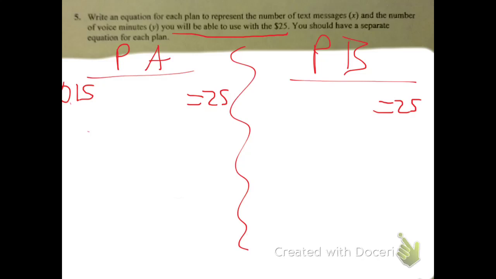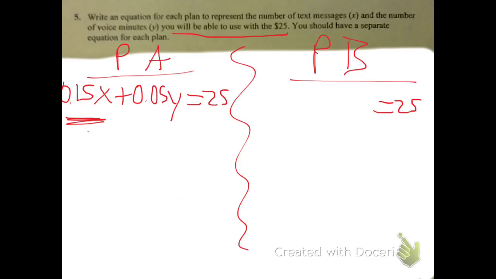So you should do 0.15x. And then you have to add on the 5 cents per minute. So if you know your number of minutes, y, you take that and you times it by 0.05. And that gives you how much your total minutes of talking costs.